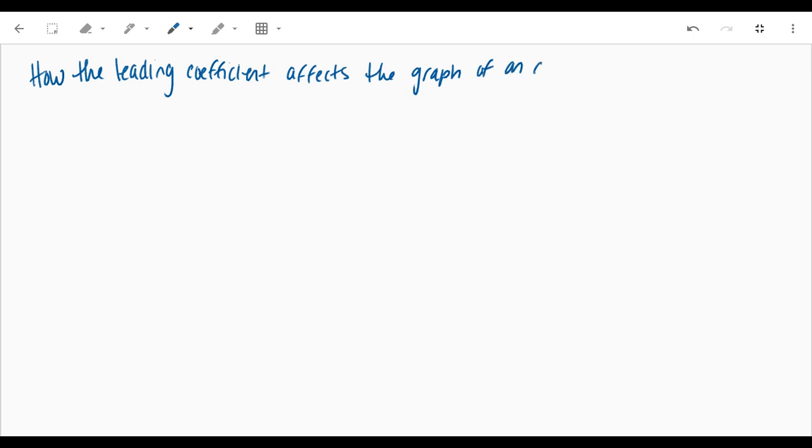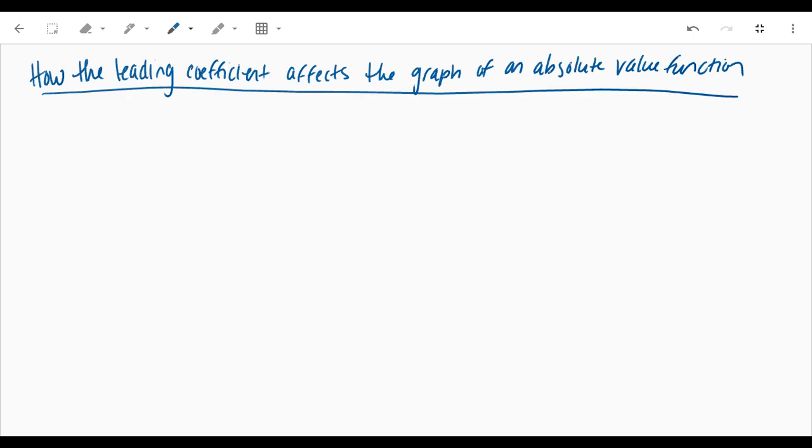This next one is how the leading coefficient affects the graph of an absolute value function. We're going to talk about if it opens up or down and if it makes it narrower or wider.